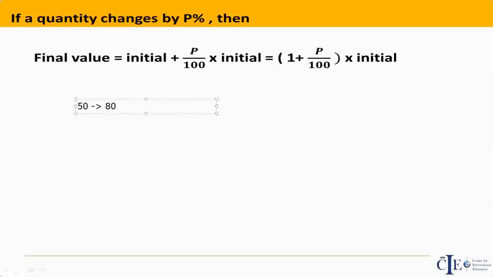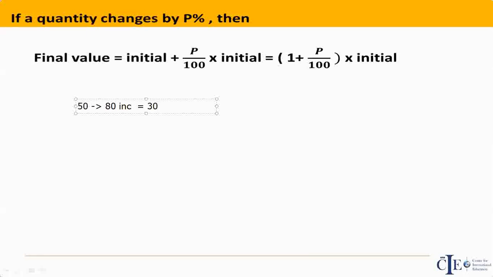You see, the initial value is 50 and the final value that it becomes is 80. So the increase is 30. But then, the increase of 30 is calculated on what base? Is the base 50 or 80? On what base will we take? So this increment 30 is actually added to 50, because that's the initial value, and we added 30 to that initial value to make it 80.